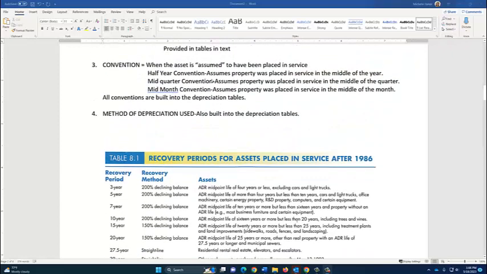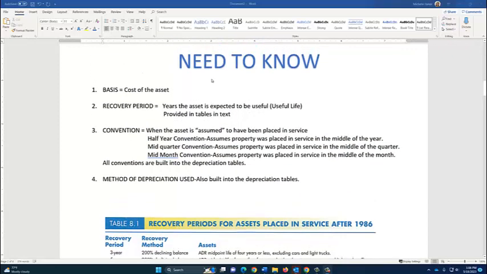The next thing that we will need to determine about our asset is the convention. Now, the convention is just an assumption used only for tax depreciation. Let's take a look at these. For items using the half-year convention, they're assumed to have been placed in service in the middle of the year.